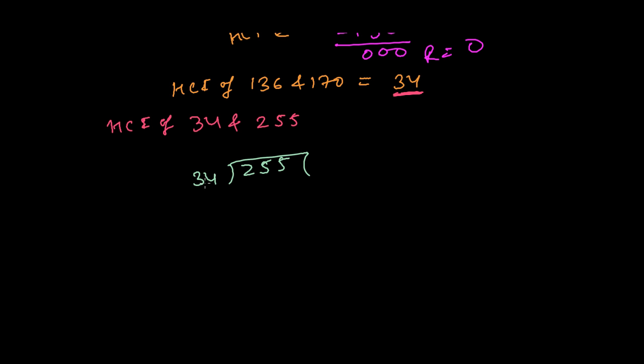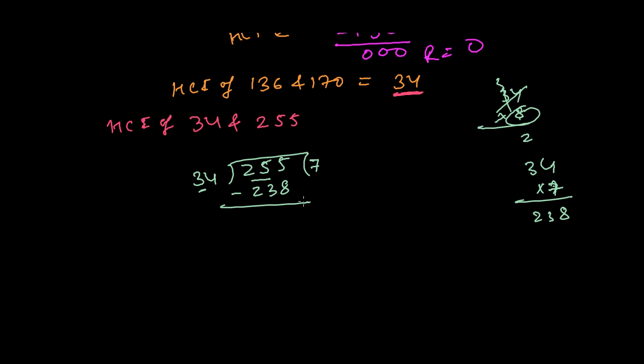Let's try 8 times: 8 times 4 is 32, carry over 3; 8 times 3 is 24, and 3 is 27. Not by 8, we need to multiply by 7. 7 times 4 is 28, carry over 2; 7 times 3 is 21, and 2 is 23, so 238. So 34 times 7 is 238. Now 255 minus 238, you'll get 17.